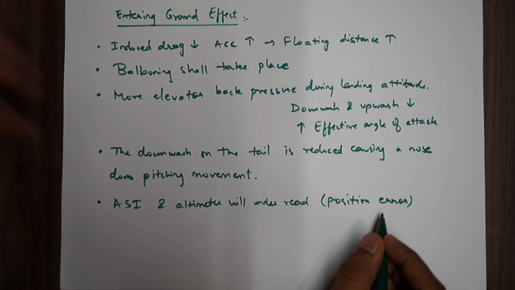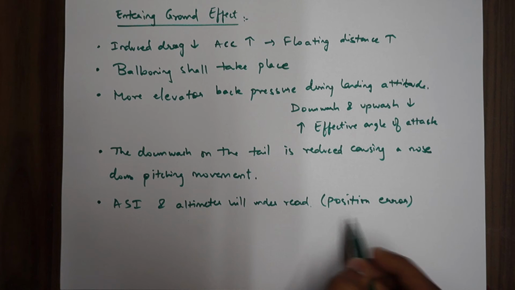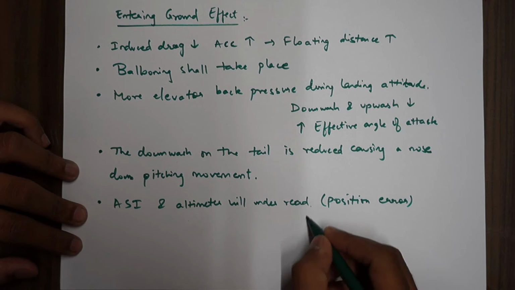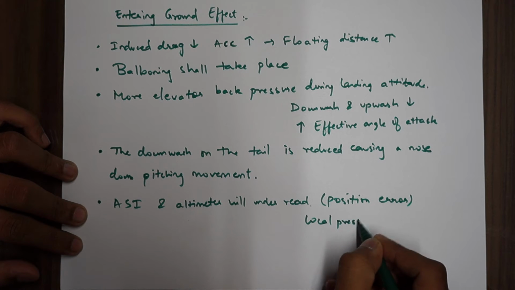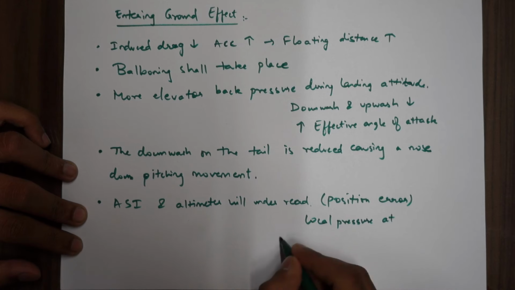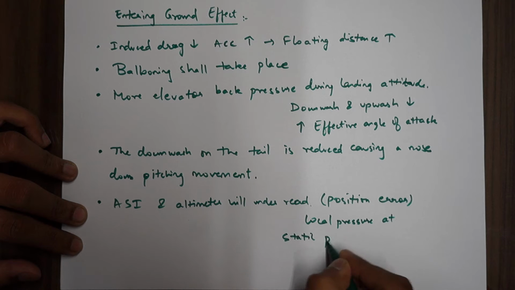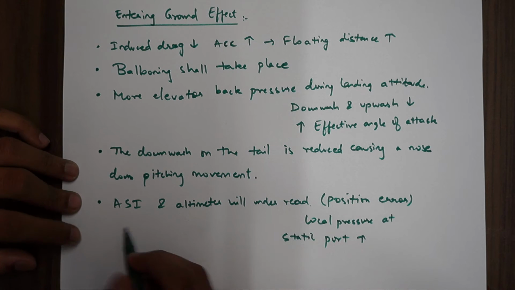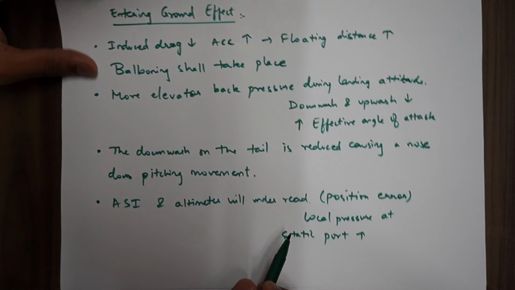So the local pressure at the static port increases, and hence the ASI and altimeter will under read.